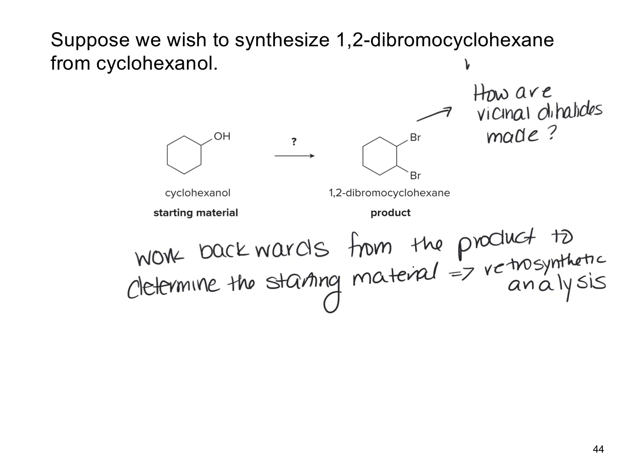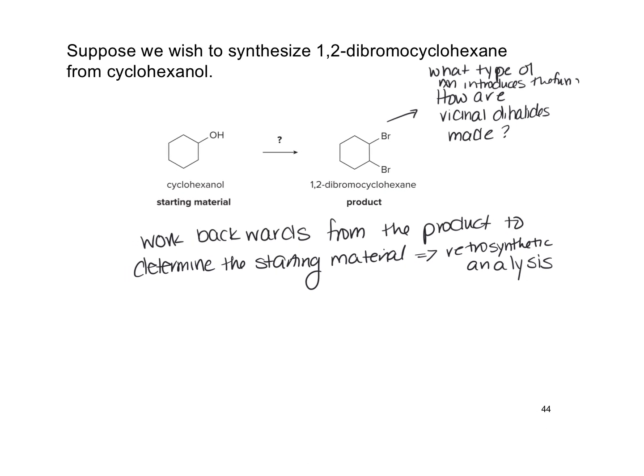What type of reaction introduces the functional group? I should have left myself more space there. I apologize, because that's kind of cramped. And then when we work forward from the starting material, we ask, what type of reactions does the starting material undergo?